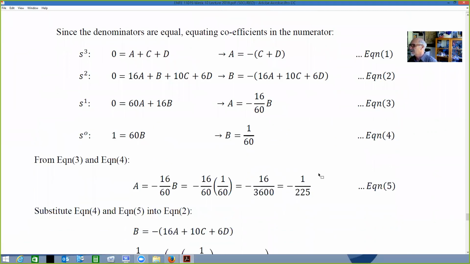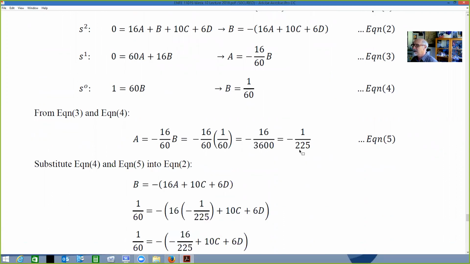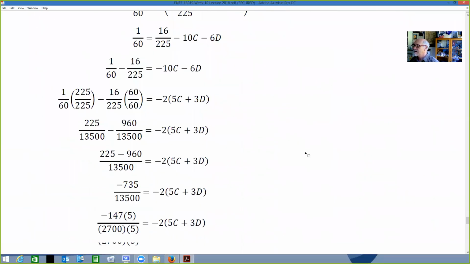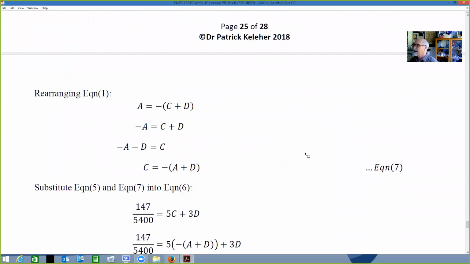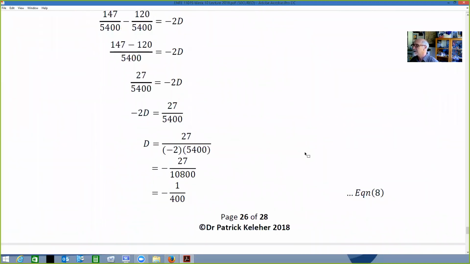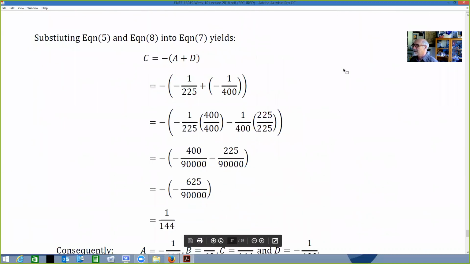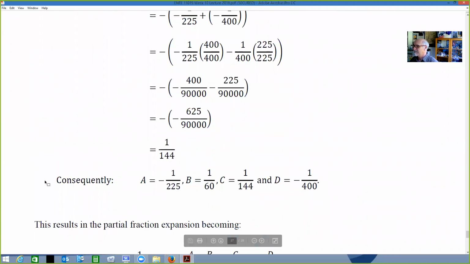Then we can see that A is equal to -1 divided by 225. Keep working, and we're able to find our values for each of our terms. We found D is -1 on 400. Back substitute, we see C now, so we found all our values. So follow through that mathematics.